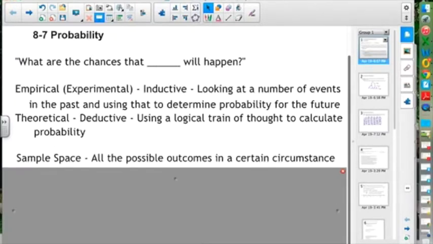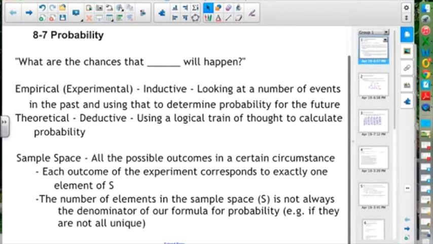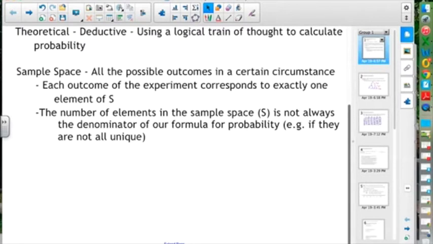The last thing I want to look at is the concept of sample space, and we're going to spend a good amount of time talking about this. Sample space in an experiment, which an experiment is just a situation that we're working with probabilities in. It doesn't have to be a scientific experiment. Okay, but the sample space is all the possible outcomes in a certain circumstance or in an experiment.